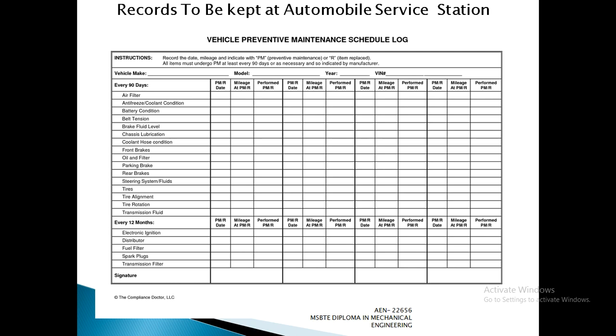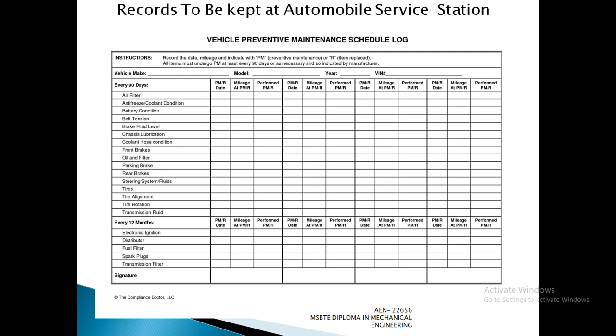Per year, what are the different things that have to be maintained under the schedule log or maintenance log? That is electronic ignition, distributor system, fuel filter, spark plug, and transmission system. So again, as in the case of 90 days, the preventive maintenance and repair date has to be written there, the mileage of preventive maintenance, and after that the performed preventive maintenance and mileage for repair is recorded.